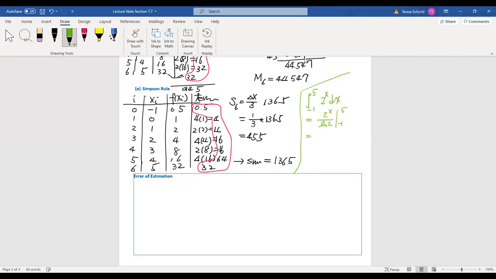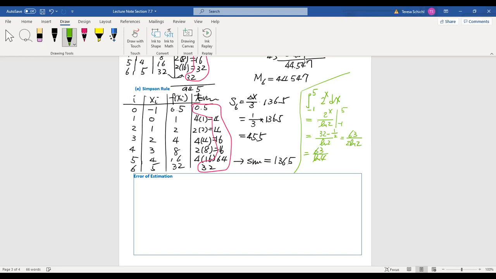If you substitute back, 2 to the 5th is 32, and 2 to the -1 is 1/2. If you simplify it a little bit, this will be 63 over natural log 2, or you can say 63 over natural log 4.